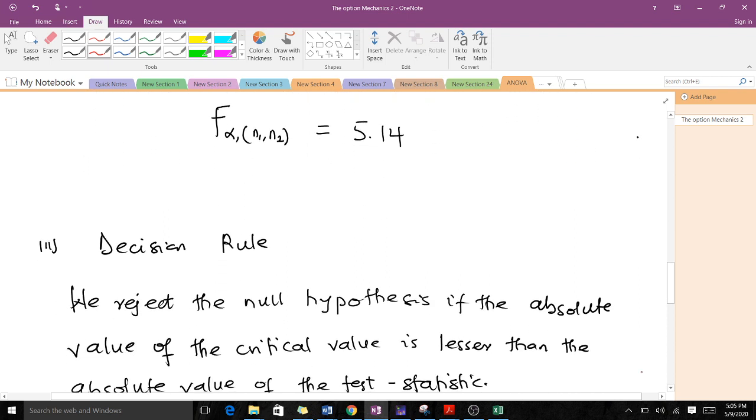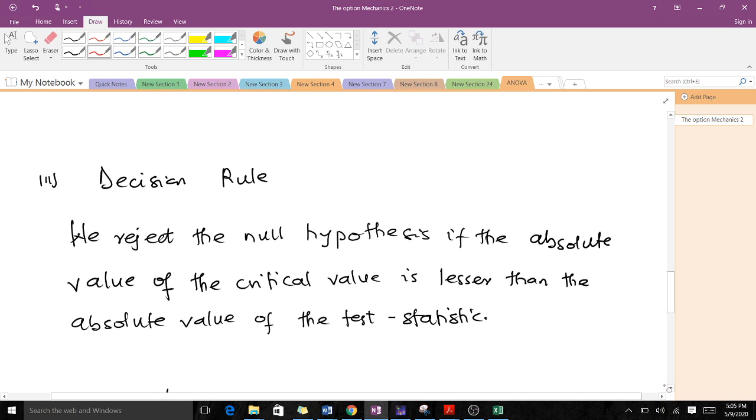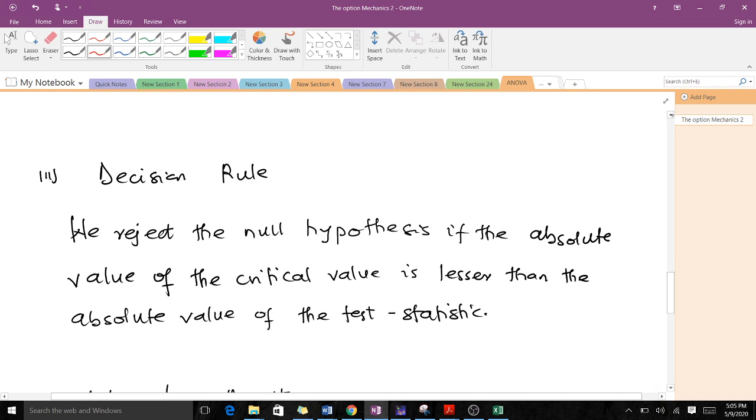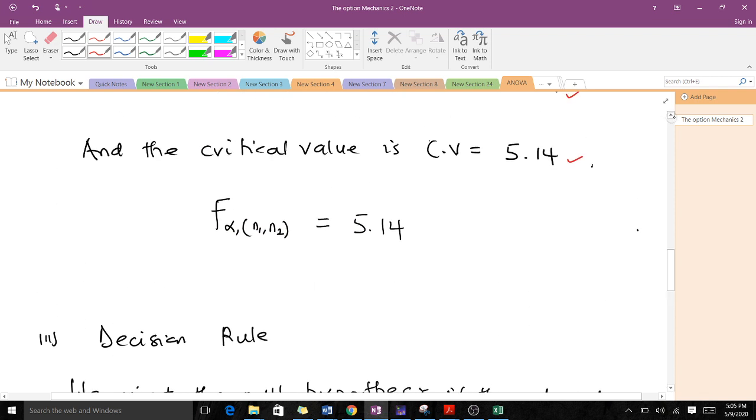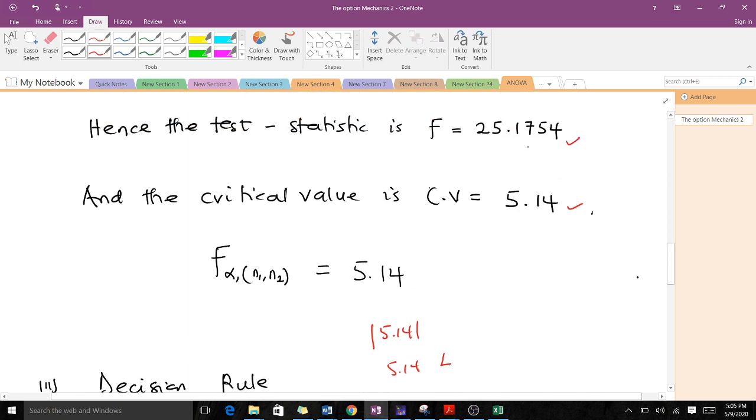So the decision rule is that we reject the null hypothesis if the absolute value of the critical value is less than the absolute value of the test statistic. You realize that our critical value, the absolute value of it is 5.14, which is less than the absolute value of our test statistic, which is 25.1754.